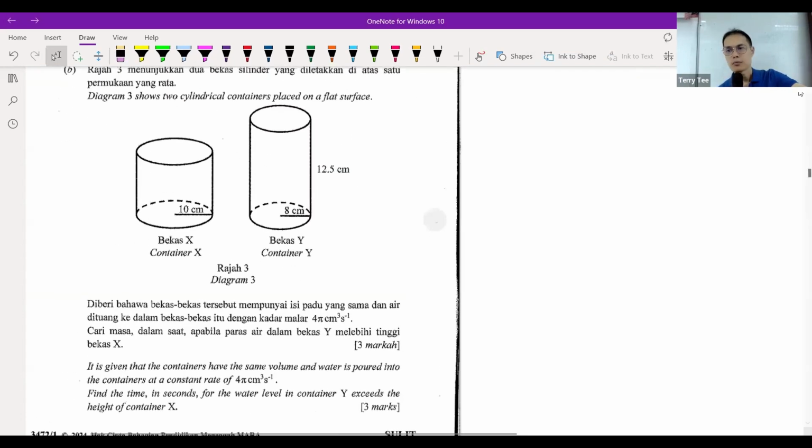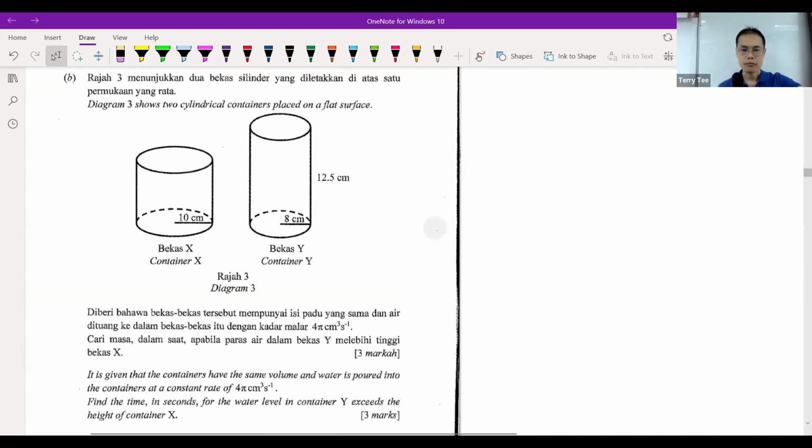So we have two cylinders here, right? It is given that both cylindrical containers have the same volume, and water is poured into the container at a constant rate of 4 pi cm cubed per second. So find the time for the water level in Y to exceed the height of X, right?